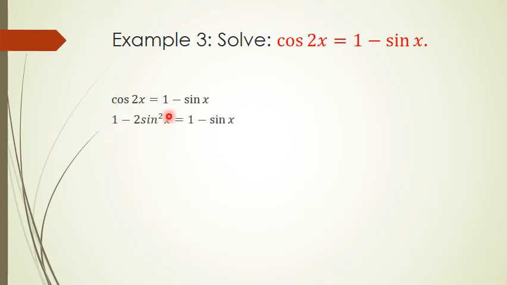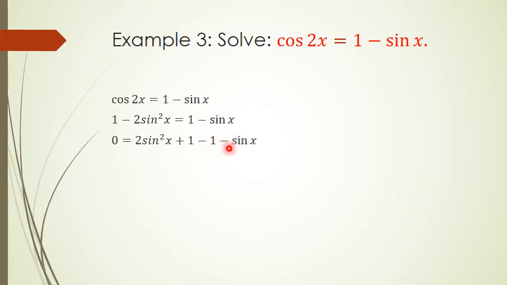And that is 1 minus 2 sine squared x equal to 1 minus sine x. And taking these two across to the right, we have 0 on the left. This minus 2 sine squared x goes across to the right to get 2 sine squared x plus 1. Then this across to the right becomes minus 1.